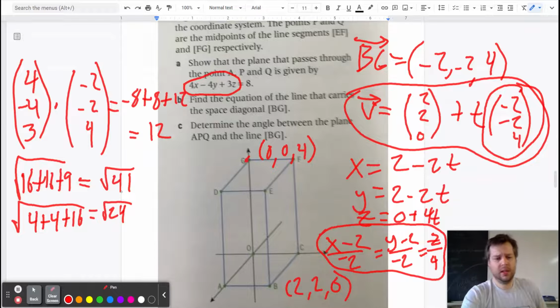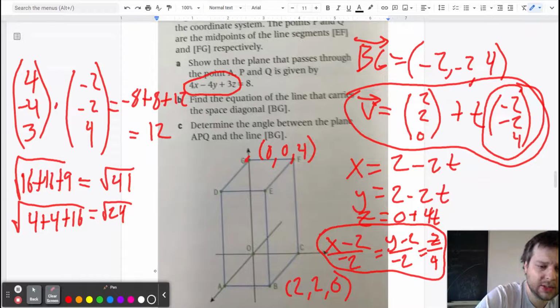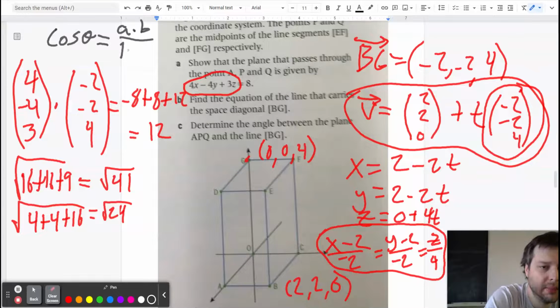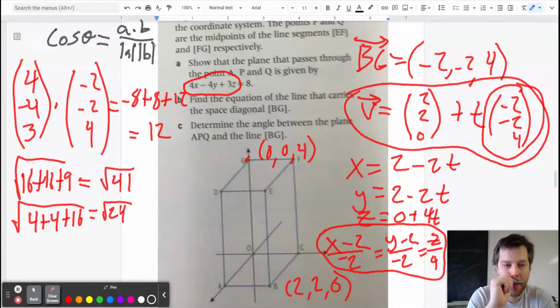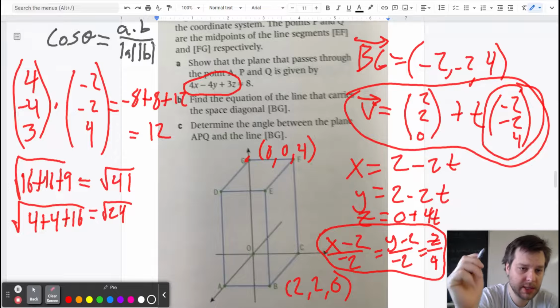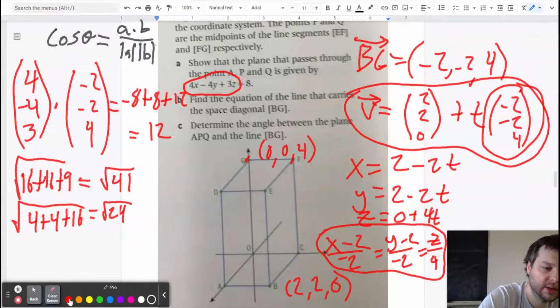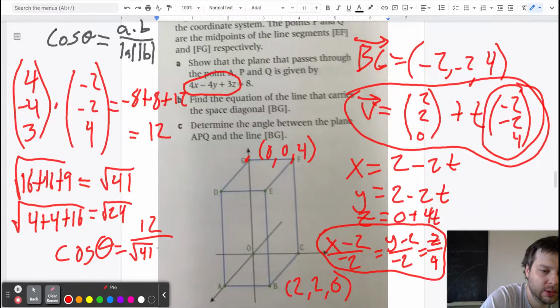And then remember that the formula that I'm going to be using is that the cosine of the angle is equal to A dot B divided by magnitude A, magnitude B. And so what do we get? The cosine of our angle is 12 divided by the square root of 41 times the square root of 24.